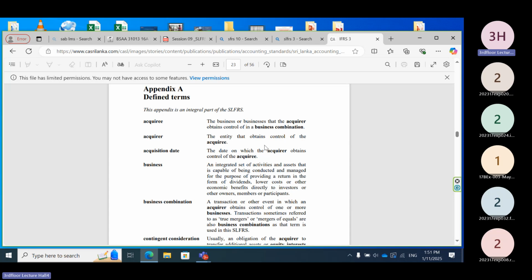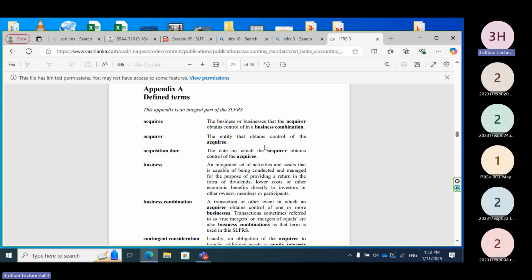At the point of acquisition, you may have a concept called goodwill. You need to calculate the goodwill of the acquired company. Goodwill should be calculated. This is the area where we have more marks in the consolidation question. Goodwill calculation of the acquisition.